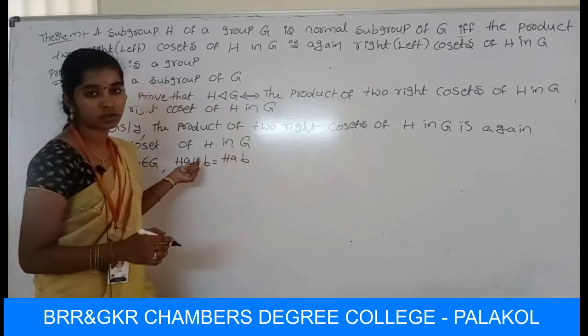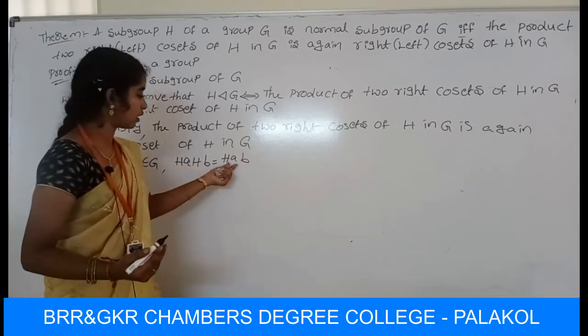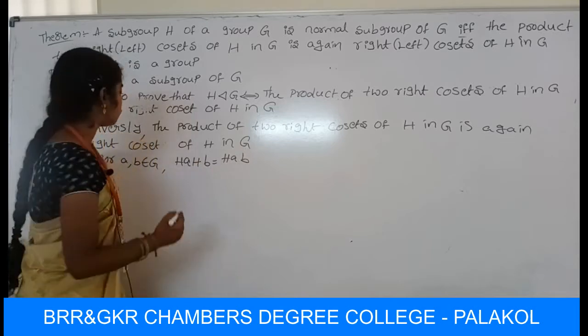So the product of right cosets of H in Z is again a right coset of H in Z. So we have to prove that.